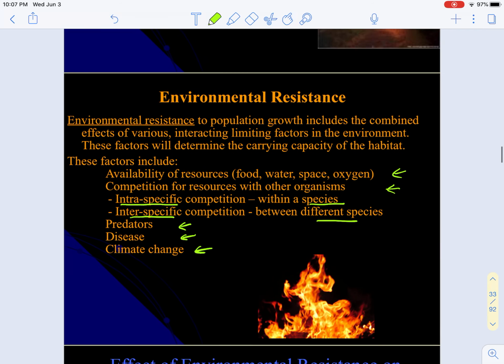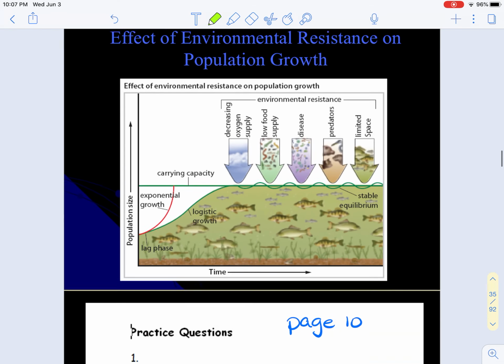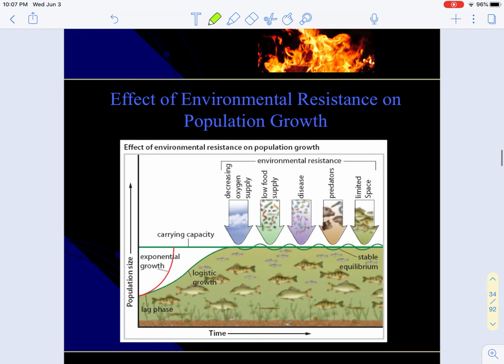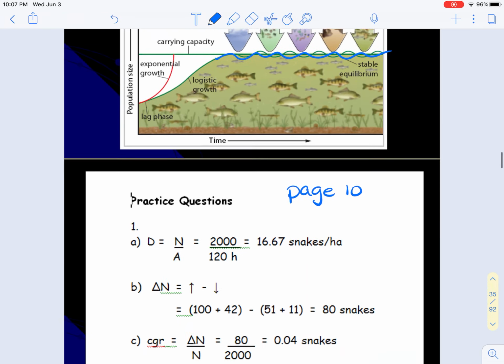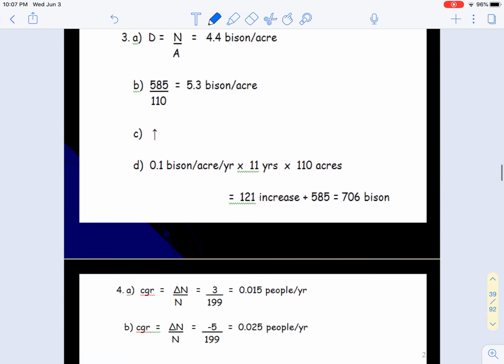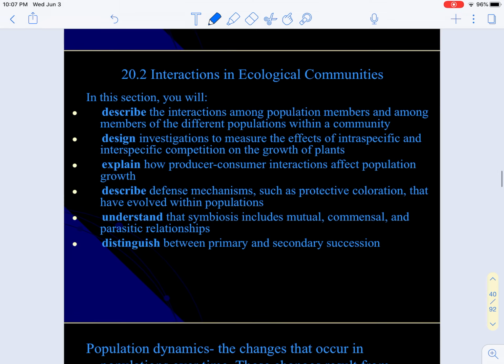Predators, disease, climate change, those environmental resistance factors will also affect population size, as you see in this picture. So things like how much oxygen, food, diseases, predators, or space will keep our carrying capacity at a certain level. So that's why it levels out at some point, in particular for those K-selected species.